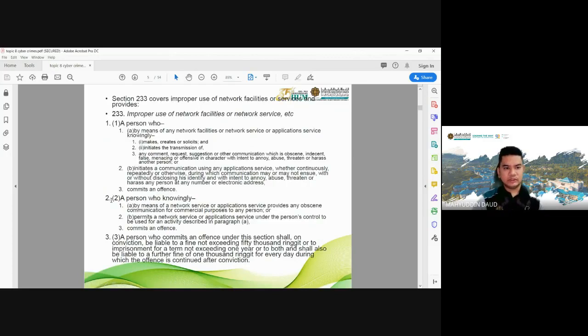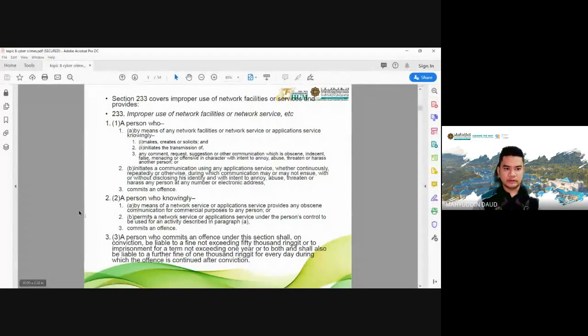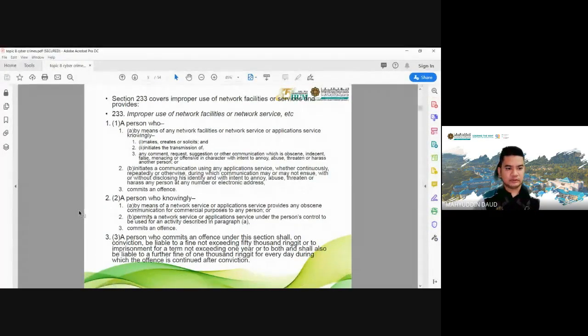And then another one is Section 233. It covers improper use of network facilities or services. So if you look at its heading, it's not the same. 233 is about improper use of network facilities or network service. There are 1A and 1B.